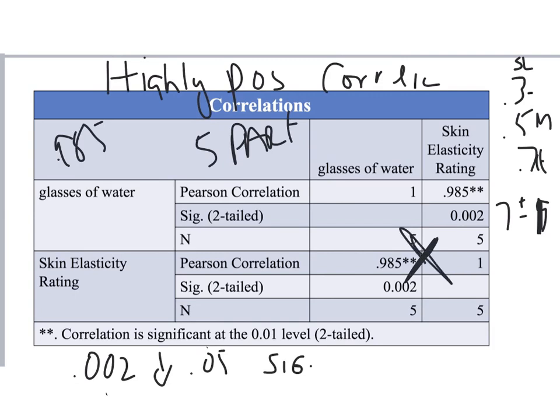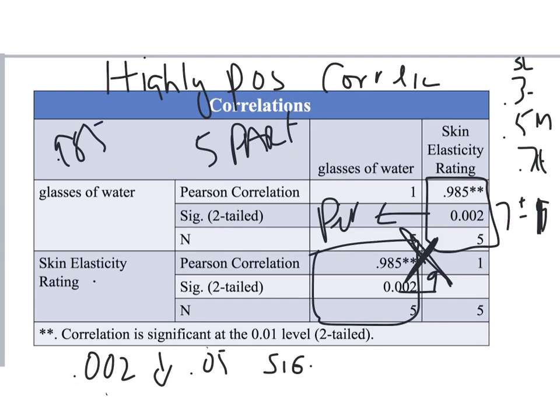These 2 don't count because this is a perfect correlation. We're basically looking at this box, which is the same as this box, because it's skin elasticity to glasses of water, and this is skin elasticity this way to glasses of water. So we know the number is 0.985, there were 5 participants, and p was less than 0.05.